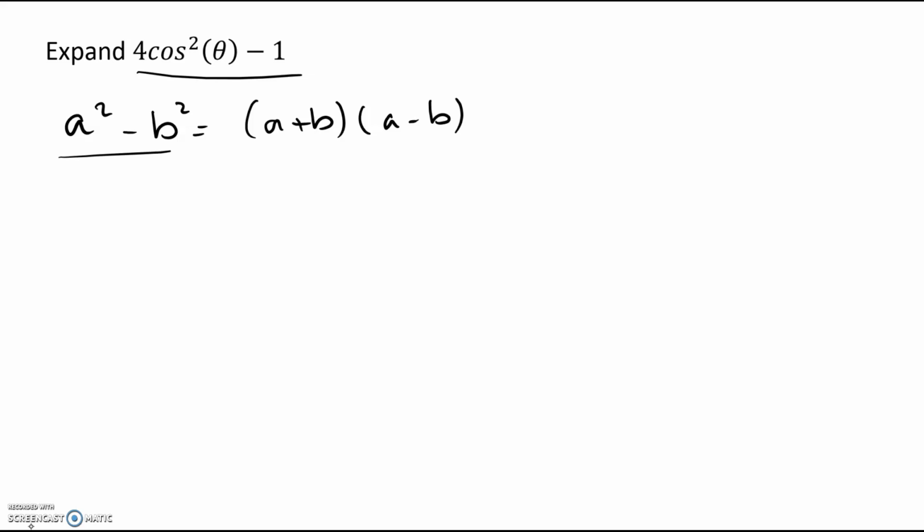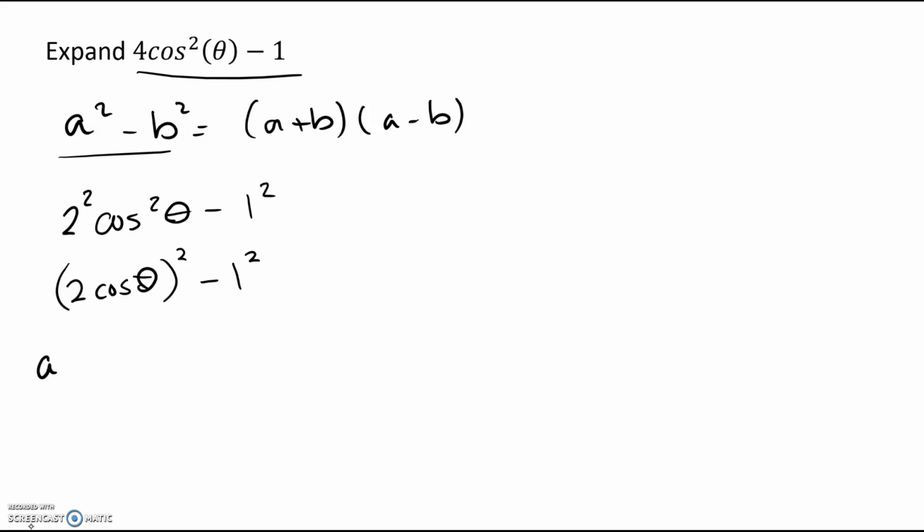So I have a 4, I could write 2 squared. My cosine is already squared. Minus, if I square a 1, it's still going to be 1. So then I'm going to take 2 cosine theta, raise both of them to 2, minus 1 squared.